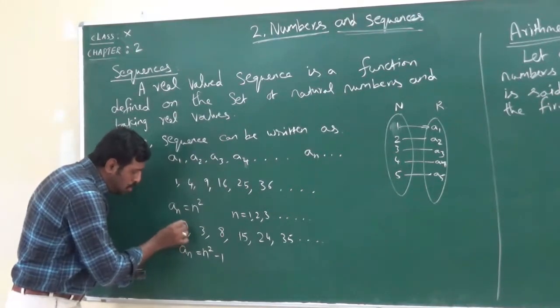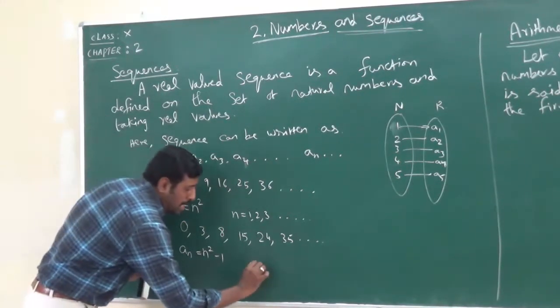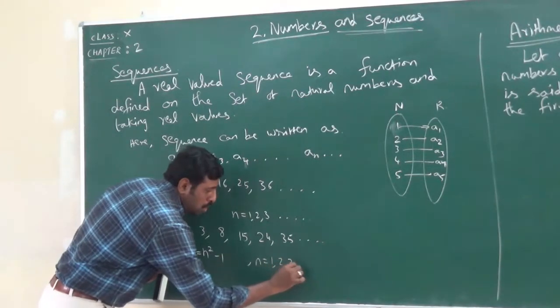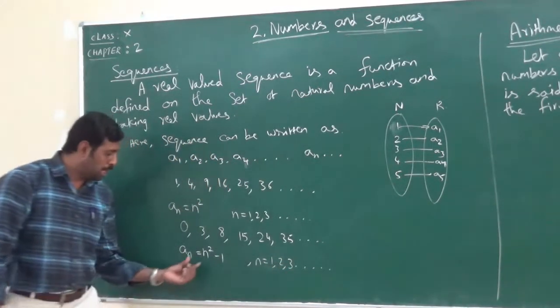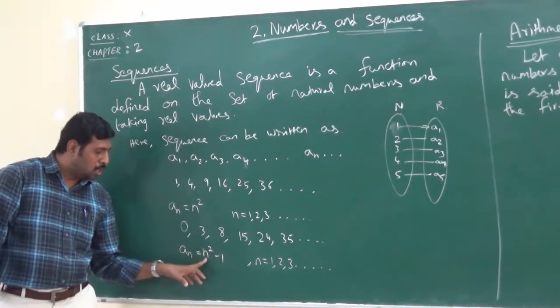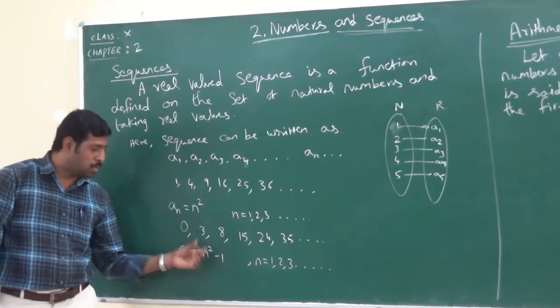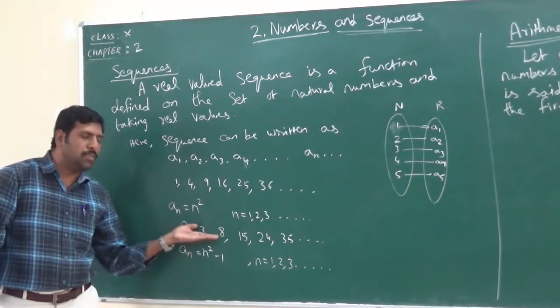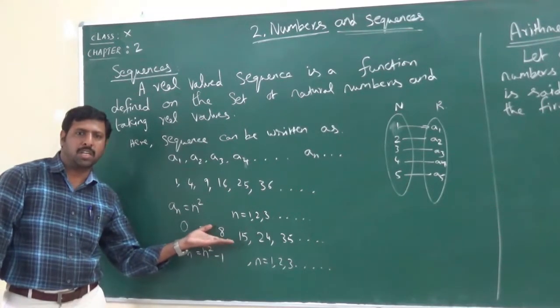Let me take the first term as 0. Here n is equal to 1, 2, 3, up to the natural numbers. If you put n equal to 1, 1 square minus 1 is 0. And then 2 square is 4, minus 1 is 3. So in this specific order we arrange the elements, and it is called the sequence.